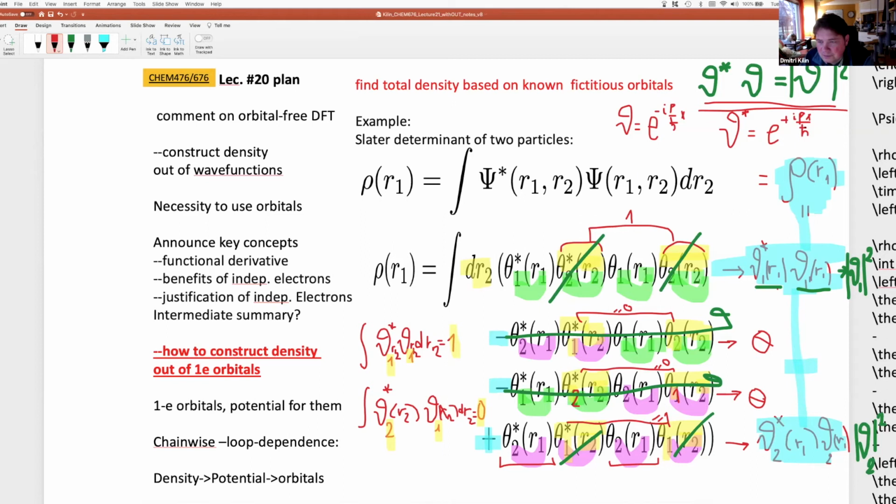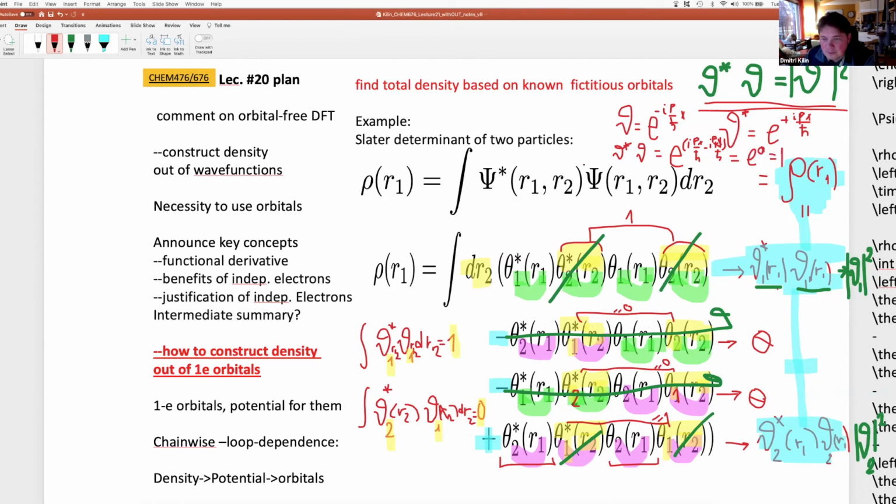And if one multiplies these two things, with star and without star, then one gets a product of these exponentials, and the product of exponentials means summation of their powers, which will be plus i p x over h minus i p x over h, which will be e to the power 0, which will be 1.